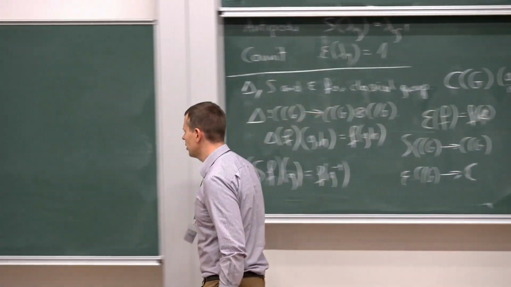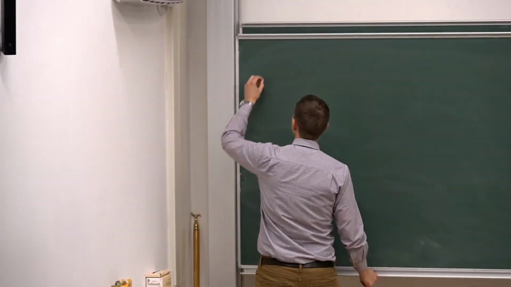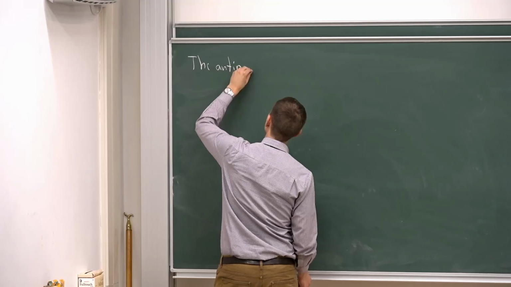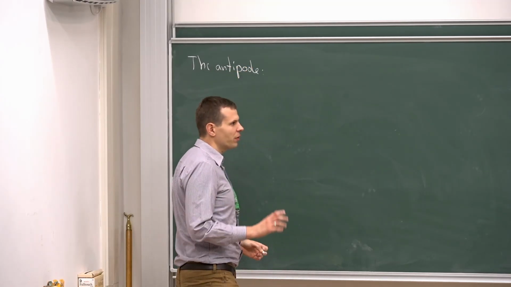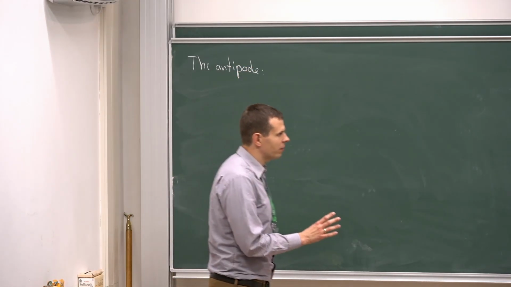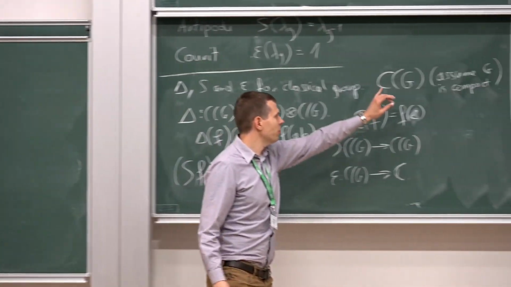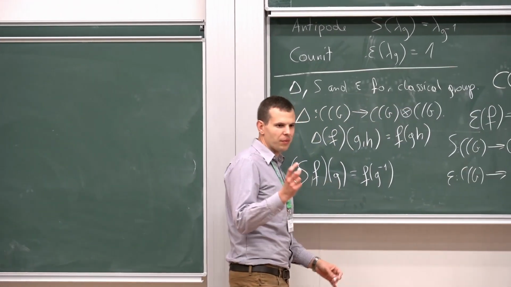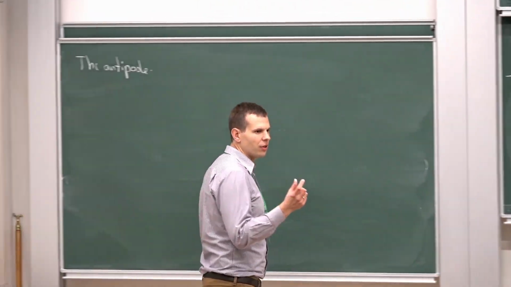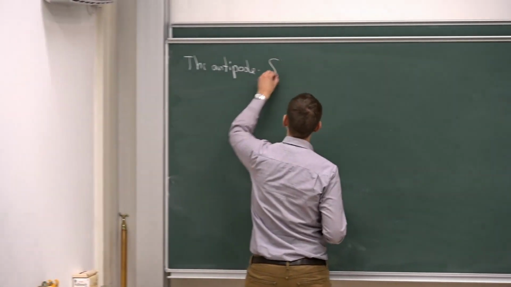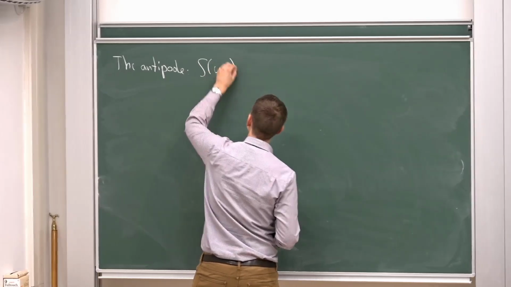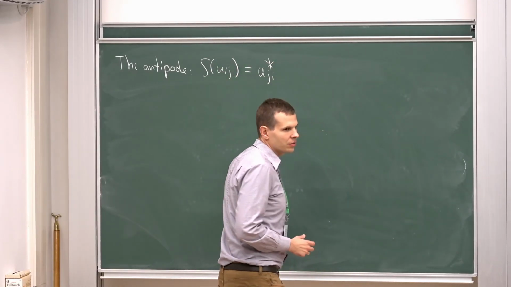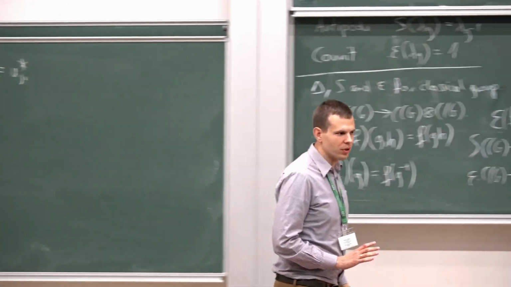So the antipode. Once again, if you compute it for the classical case where you have an actual compact group, then in terms of the matrix entries of your group, you arrive at the formula that S of U_ij should be U_ji star. This is just the formula you get for the matrix entries.